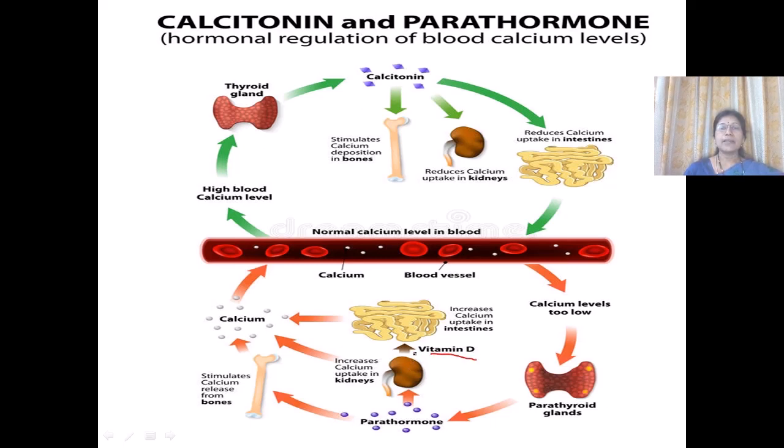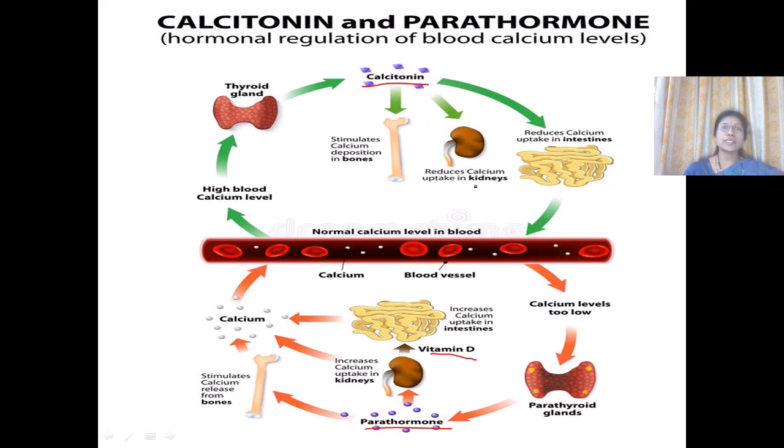This vitamin D is transported through the blood to the intestine in order to promote the synthesis of calcium ion transport proteins. Thus parathormone acts as a hypercalcemic factor, whereas the calcitonin hormone acts as a hypocalcemic factor.